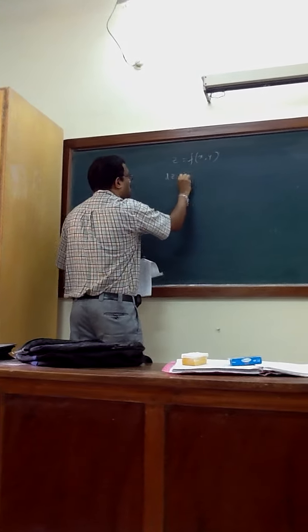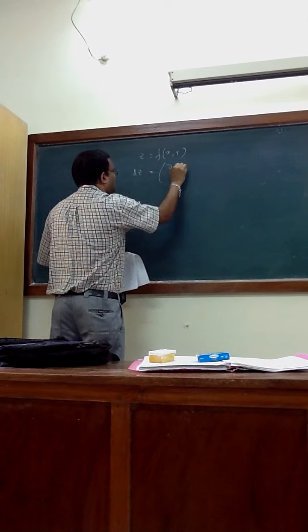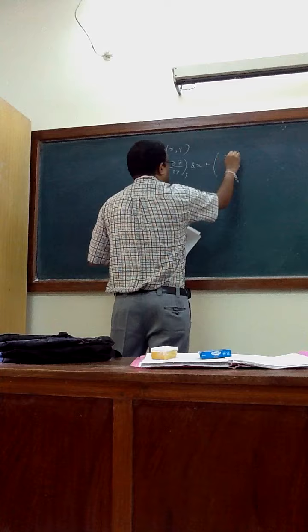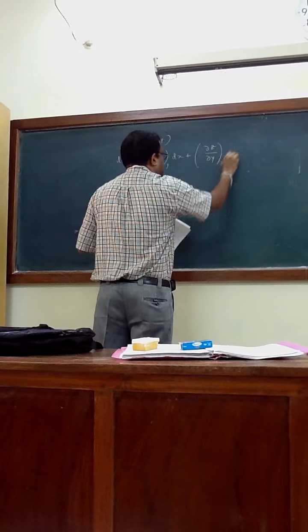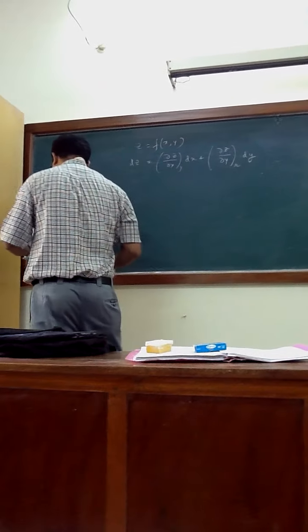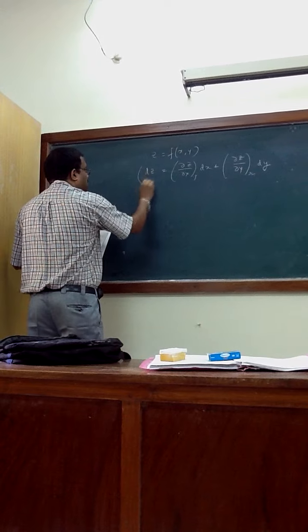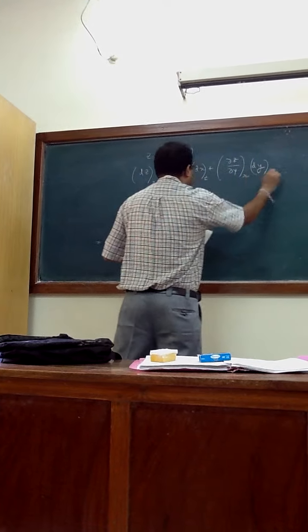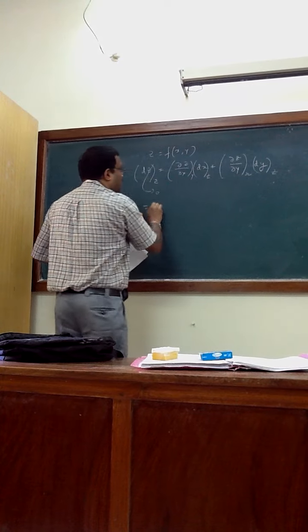dz equals ∂z/∂x at constant y dx plus ∂z/∂y at constant x dy. Next step. Yes, that means I am putting dz constant here. If I do that, then this term goes to 0, and then what will you get?